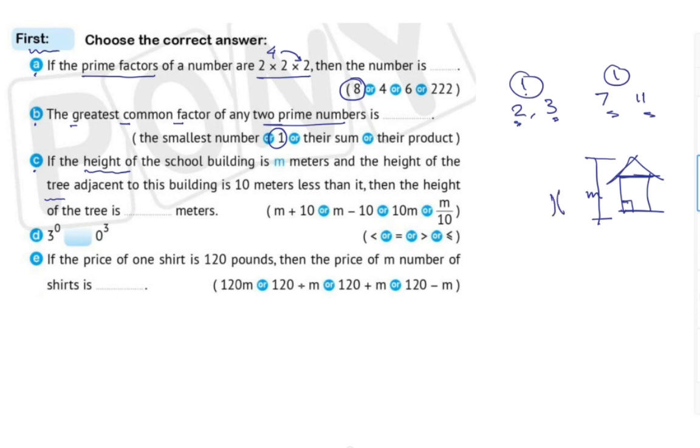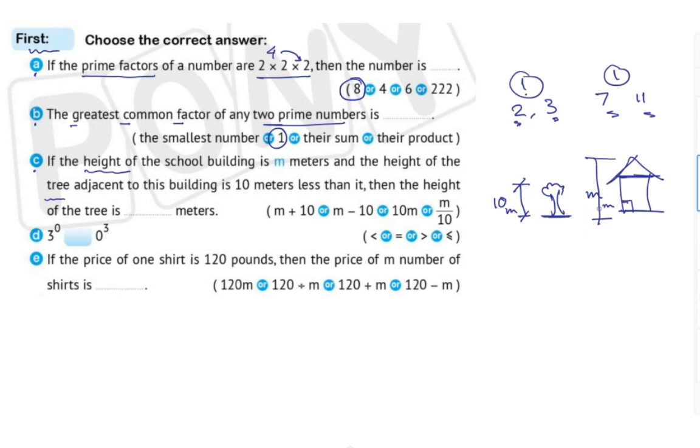And also you have some tree, adjacent to this building, with height 10 meters. This is m meters. So we have a building with m meters and a tree with 10 meters.